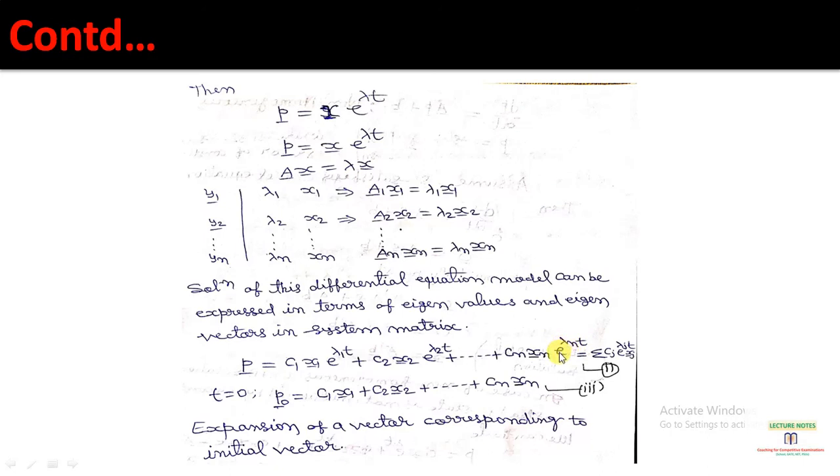If the power of any number is 0, then its value will be 1. So the value of e to the power 0 in each place will be 1. So the final equation will be c1 x1 plus c2 x2 plus dot cn xn. This is equation 3, the expansion of a vector corresponding to the initial vector.